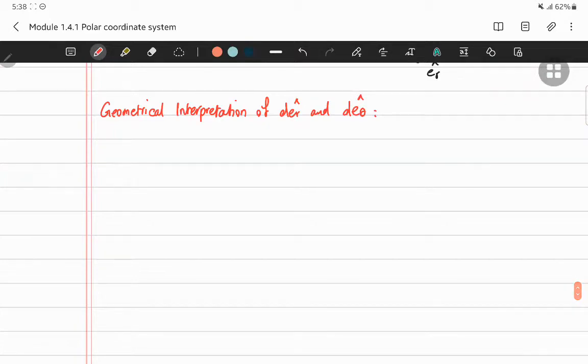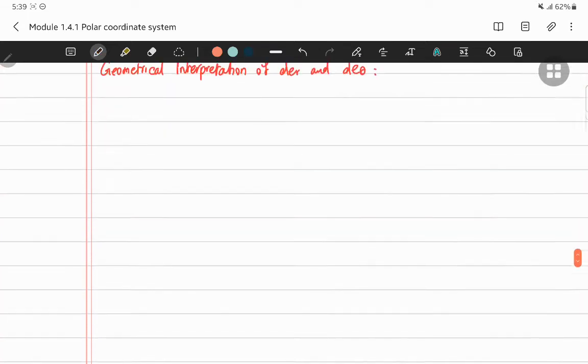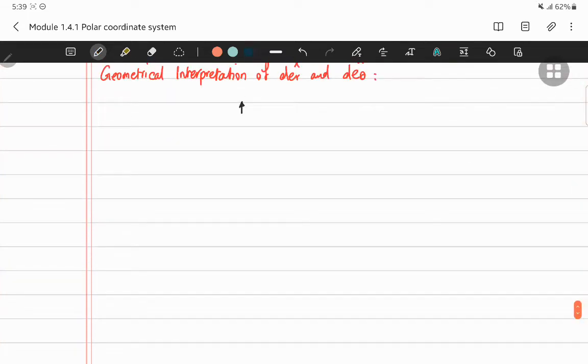If I just replot the first plot, but maybe a bit bigger, so I have x1, then I have x2.